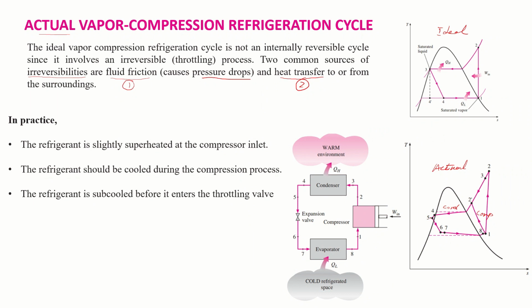Then process 5 to 6 is the throttling process, in which the liquid refrigerant is passed through the expansion valve, and in this expansion process the pressure is dropped.